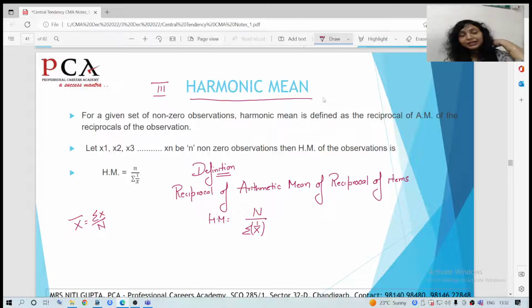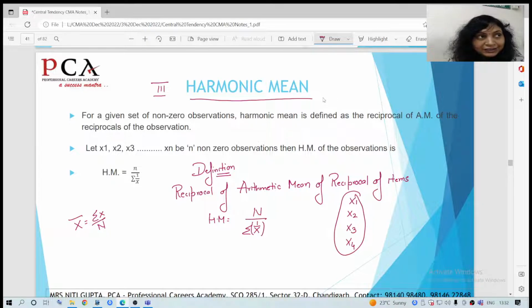First you have to reciprocal the formula for arithmetic mean, and second you won't take the items as they are, you have to take the reciprocal of the items. Suppose we have items x1, x2, x3, x4 and we have to find the harmonic mean of these items. We have number of items 4.